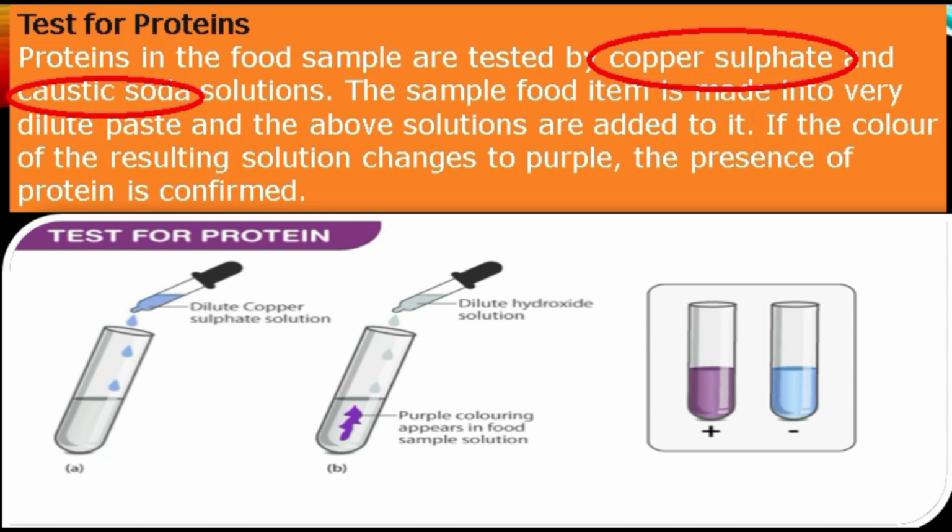Now thirdly, you have to mix it well and keep it undisturbed for some time. If after some time the development of violet color in the test tube appears, then it indicates the presence of proteins in it. And that's how you can test the presence of proteins in any food item. Now, moving on towards the next slide.